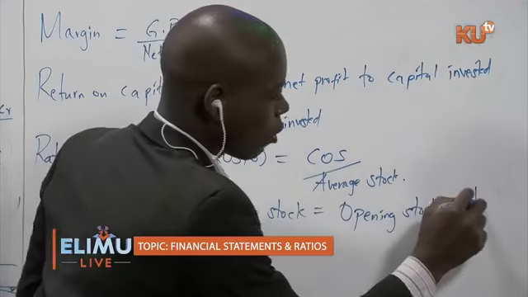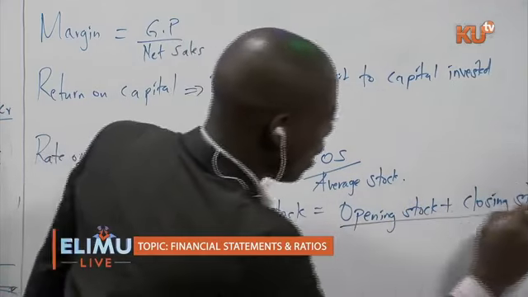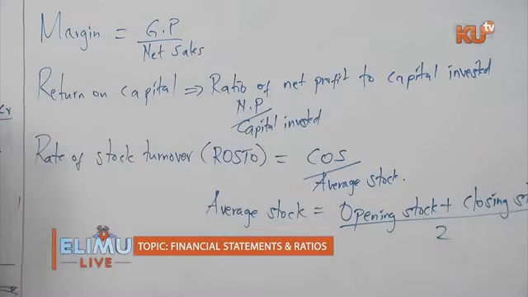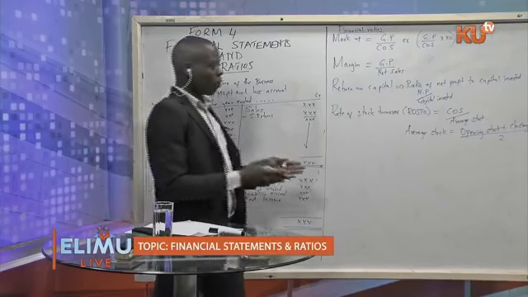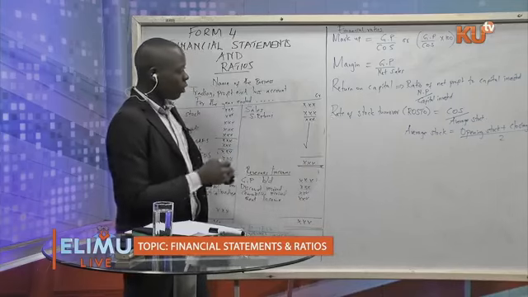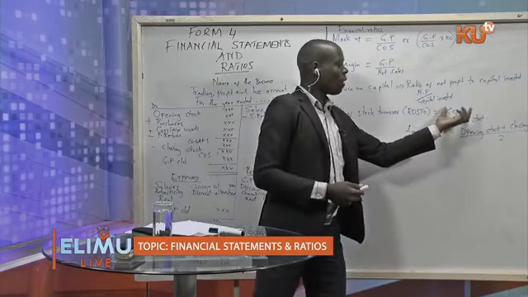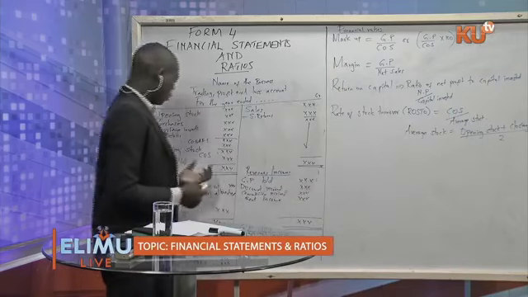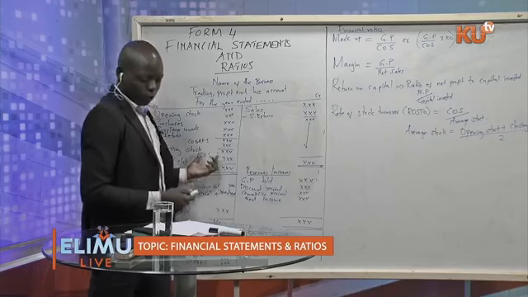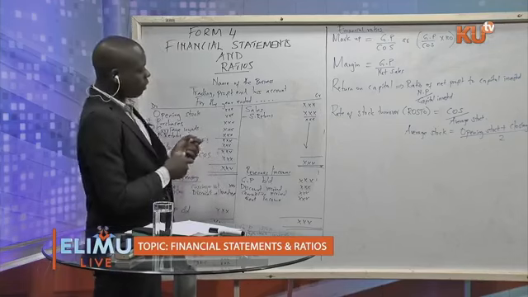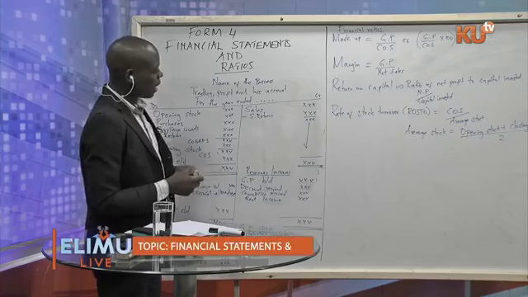We add closing stock, and then we divide it by 2. That is how we get average stock. Opening stock plus closing stock, and then we divide by 2. So the figure that we get here, we now divide it by cost of sale. And remember, cost of sale is captured here. This is where we have the cost of sale. So those are important ratios that we need to look at in the calculation.